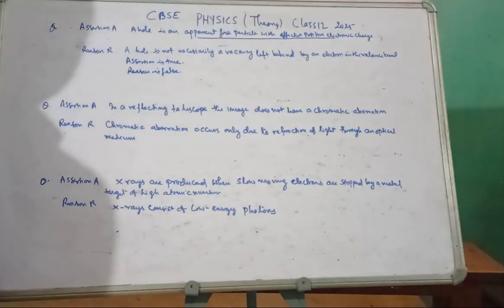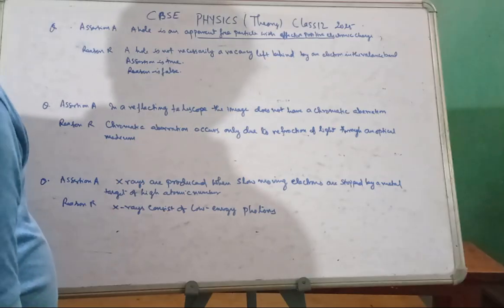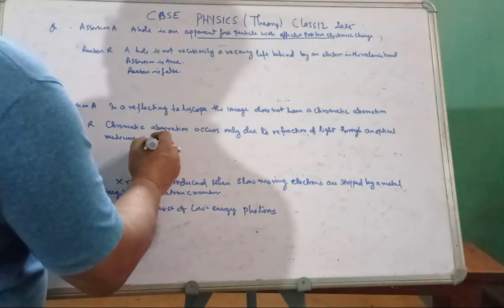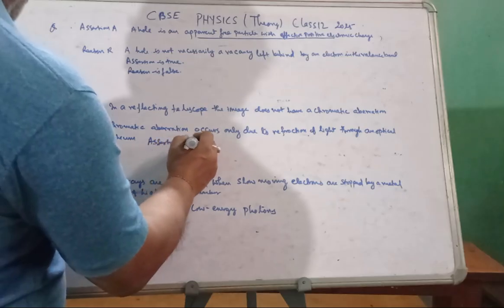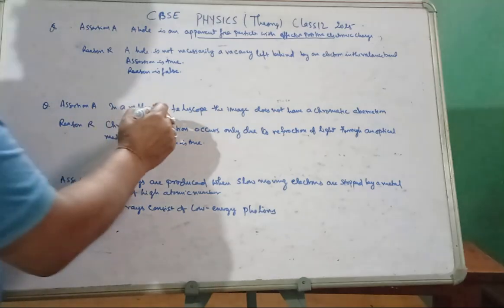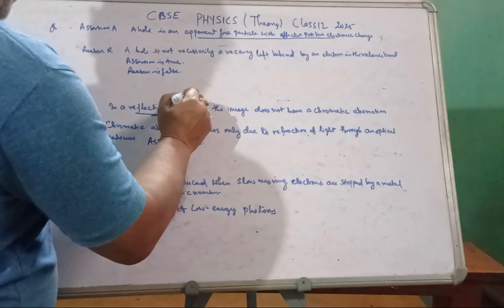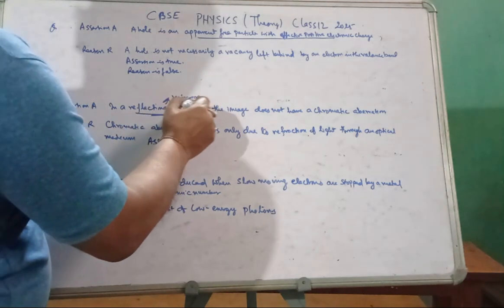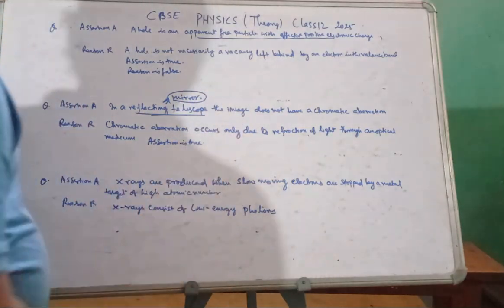So the reason is false. And here, a reflecting telescope: the image does not have chromatic aberration. Here your assertion is true, because a reflecting telescope uses a mirror, and chromatic aberration is possible in a lens.